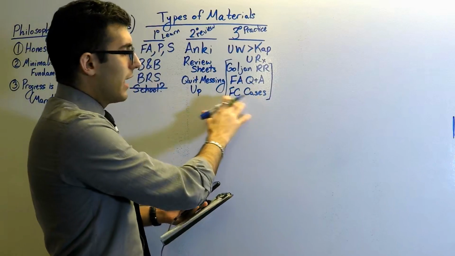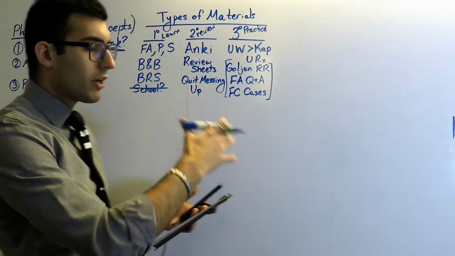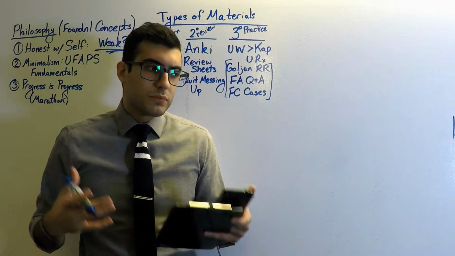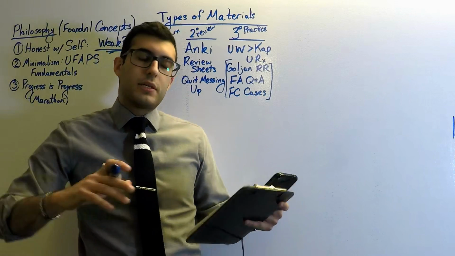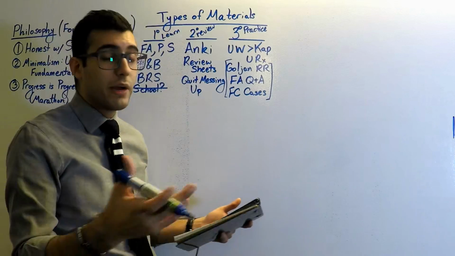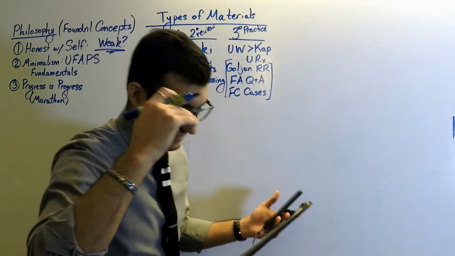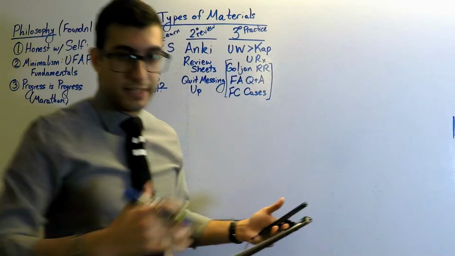And then there's the FC, which is for Firecracker, first Firecracker cases and practice cases. Those were not the best and often messy. They helped me a little bit. You don't have to use them. Everything above the brackets is essential, needed.